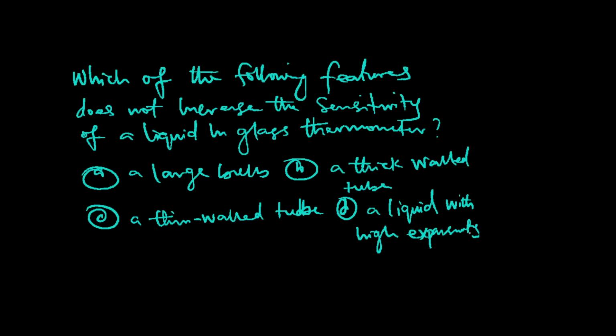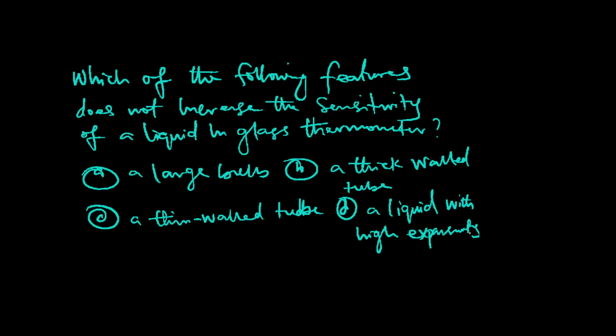The question says that which of the following features does not increase the sensitivity of a liquid in glass thermometer? D, a liquid with a high expansivity. No, B, a thick walled tube.